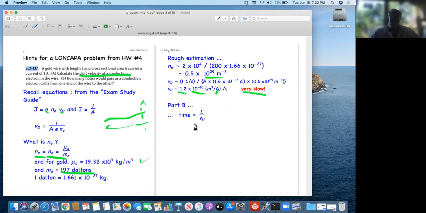So the electrons in currents travel very slowly. Of course, that raises the question, why is it when you turn the switch on for a light bulb, the light bulb lights up instantly? You don't have to wait for some period of time for the electrons to get to the filament.